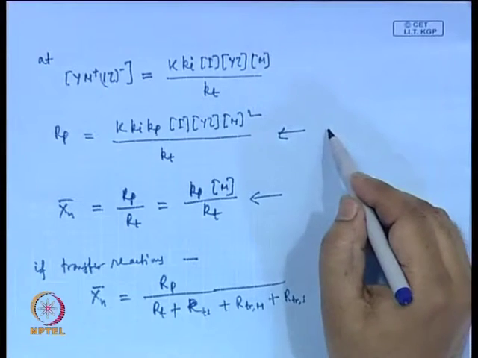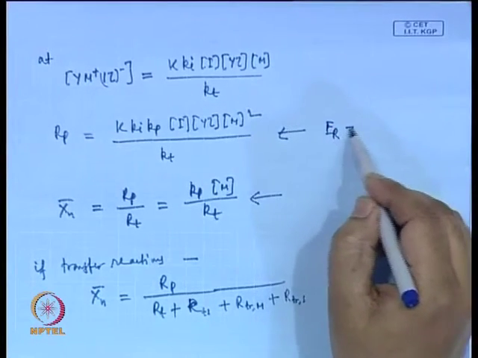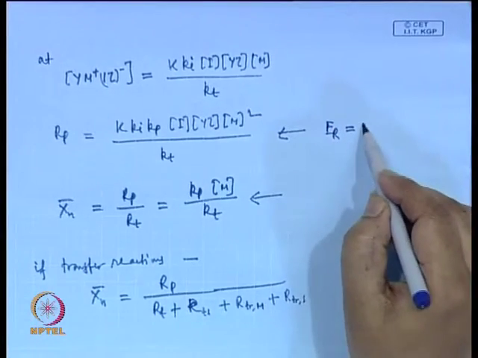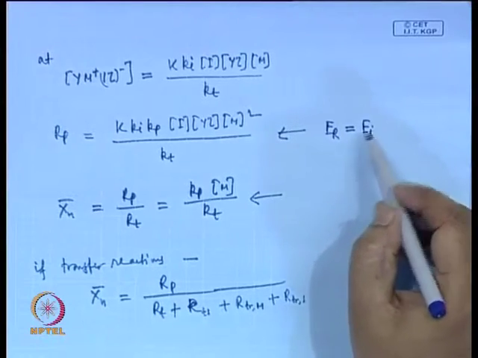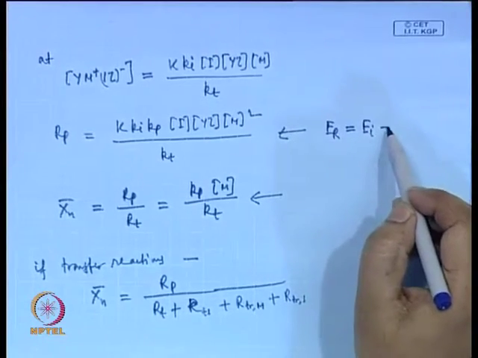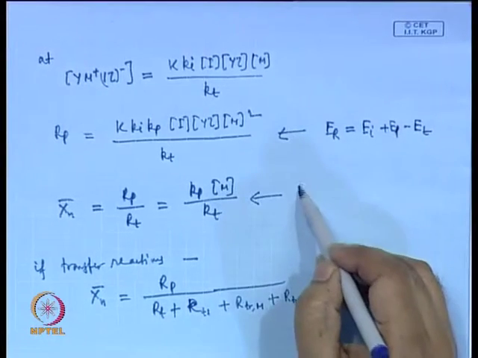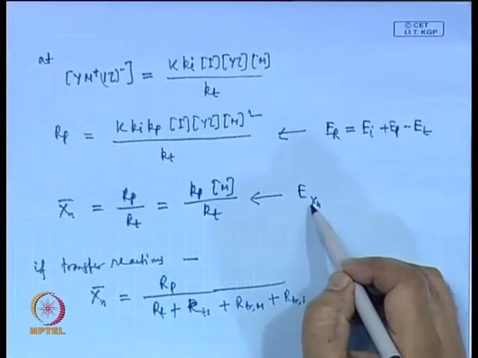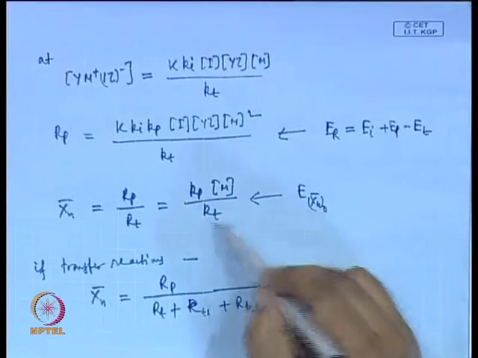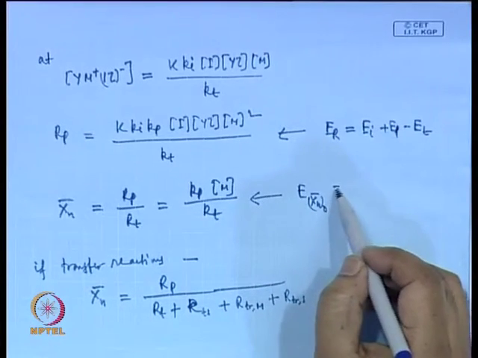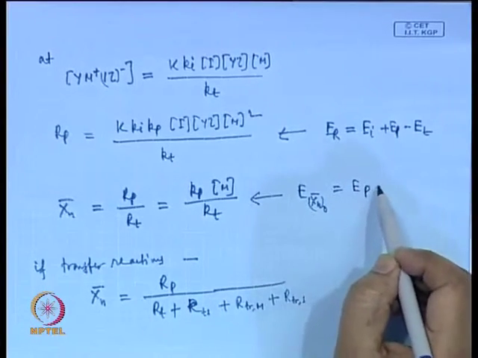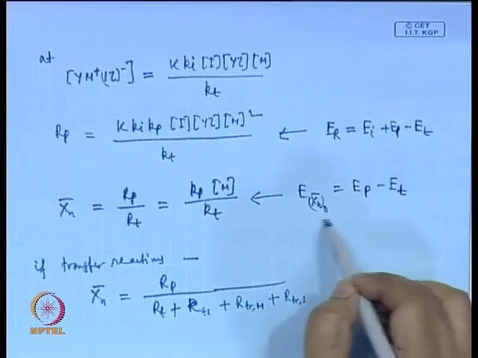So, we can write similarly the activation energy for the reaction: E I for initiation plus E P for propagation minus E T for termination, and E for x n 0 in absence of any chain transfer reagent. We can write this. Okay.